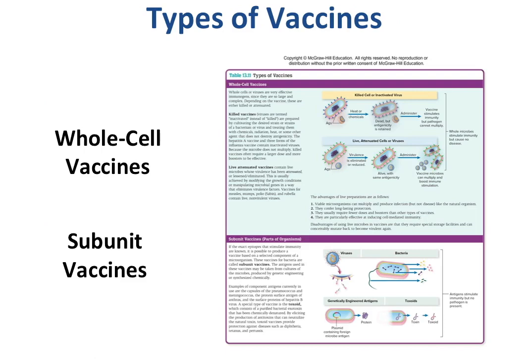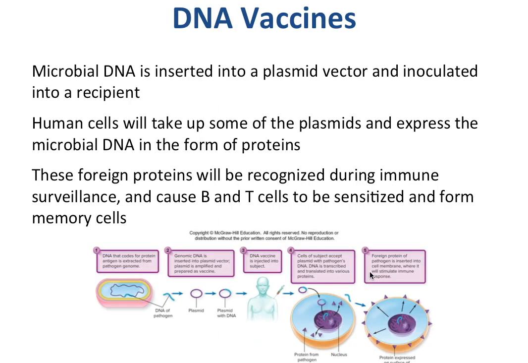For example, this is a whole cell vaccine. We can use the killed or attenuated cells or virus to make the vaccine. We can also use the antigen fragment to make the vaccine. DNA vaccine means we can conjugate the antigen information DNA to the plasmid and then inject the plasmid into the human.